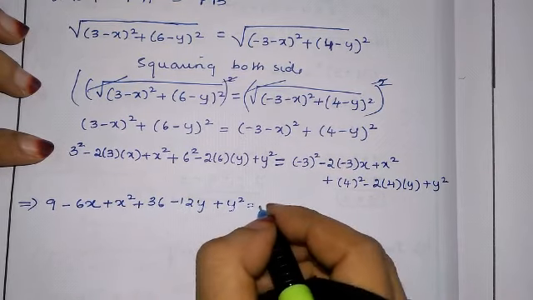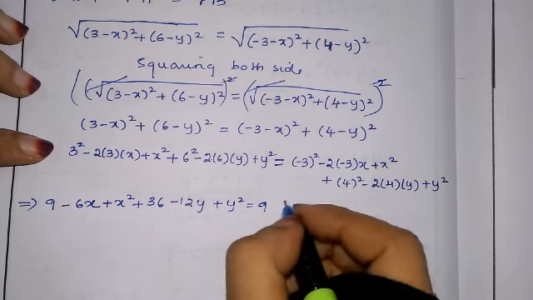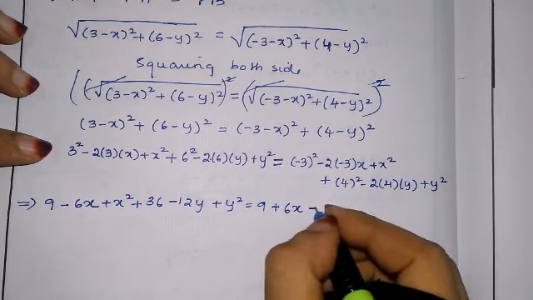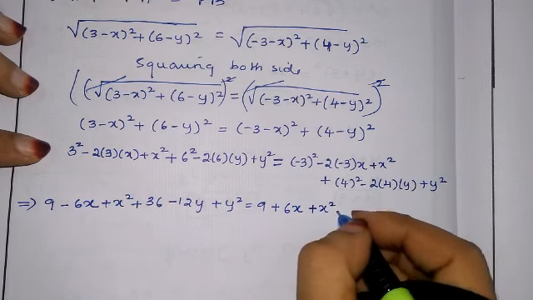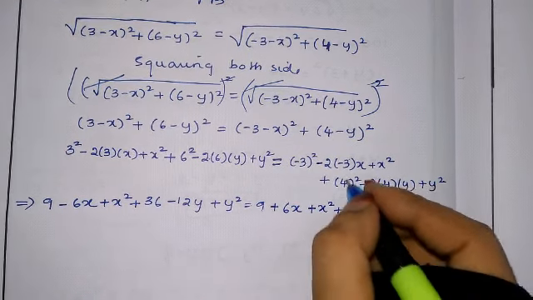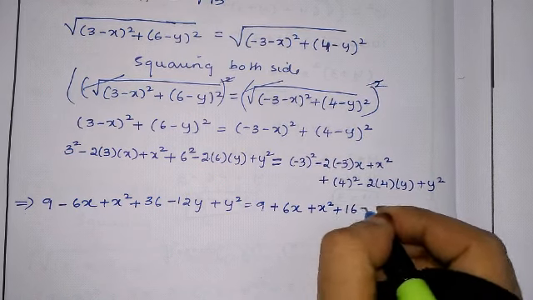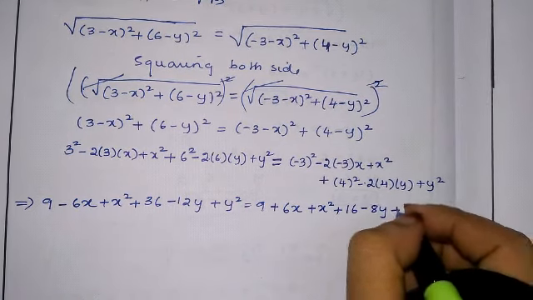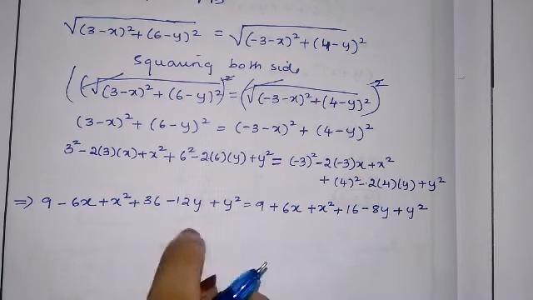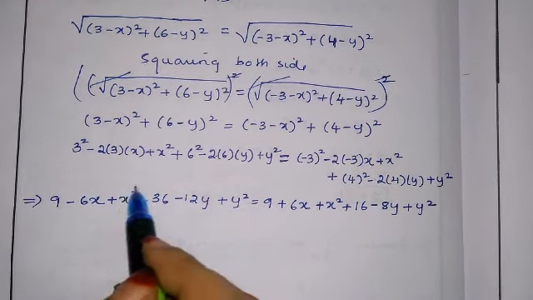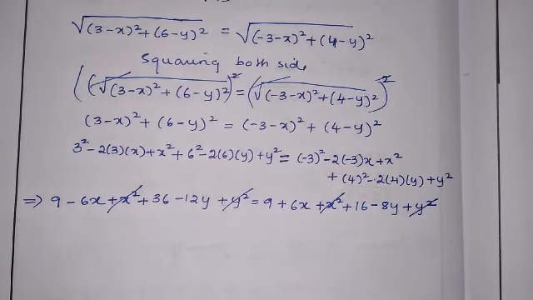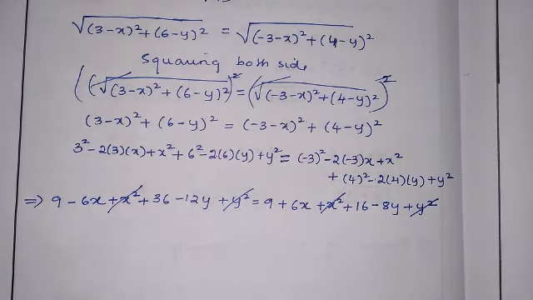This side, 3 square is 9, minus minus is plus, 2 3s are 6x plus x square, plus 4 square is 16, minus 4 2s are 8y, plus y square as it is. Same sign will get cancelled. X square got cancelled, y square got cancelled. Rest all we will bring one side now.